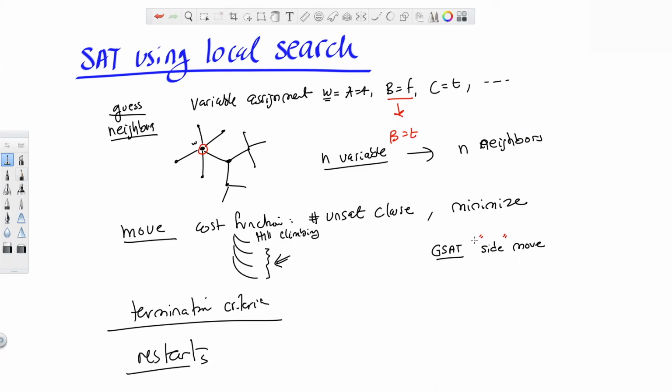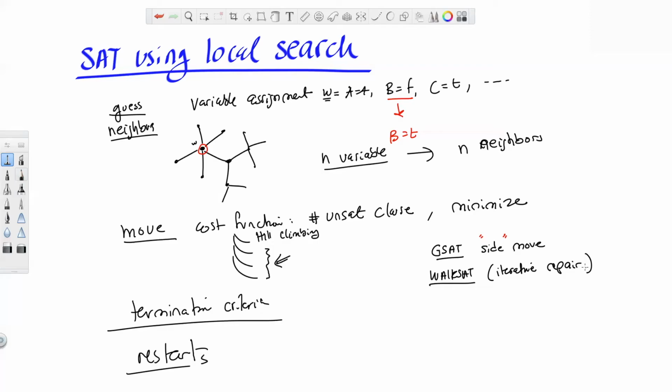Then there was another variation called WalkSAT. This was under a family of what people call iterative repair. What this does is a little bit different. When you are, let's say, at world W and your score is 15, that means there are 15 clauses that are unsatisfied.